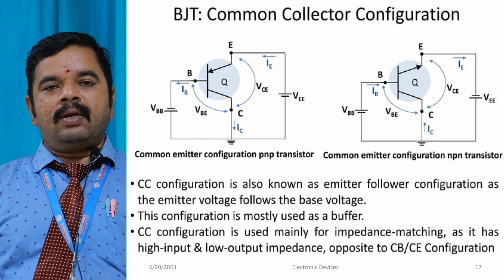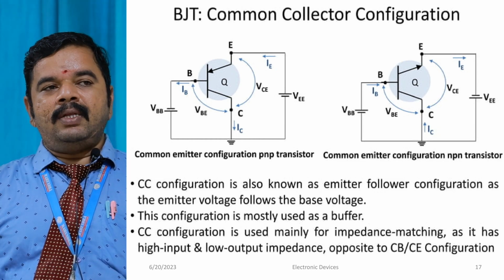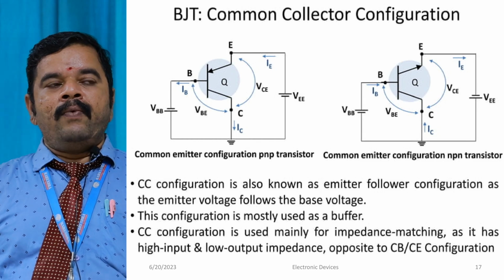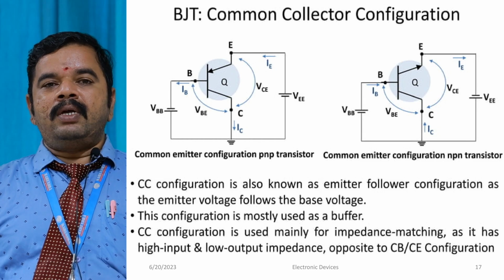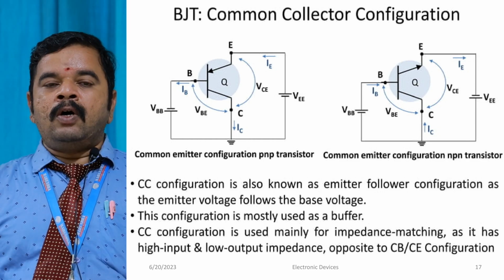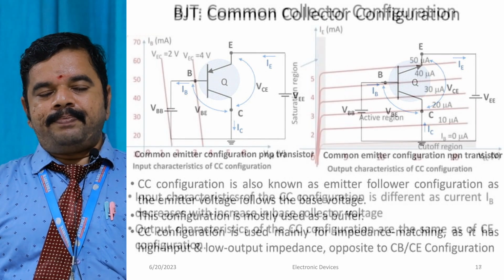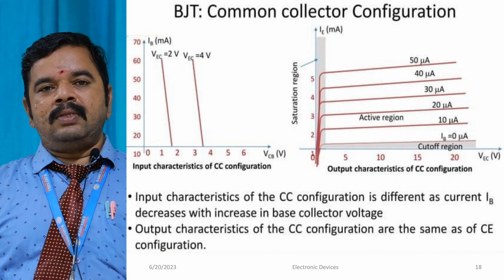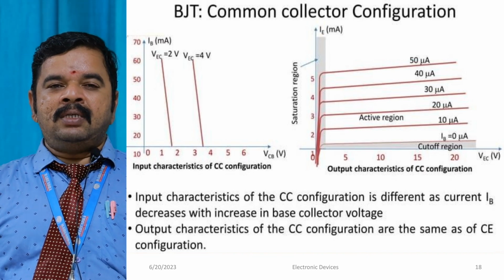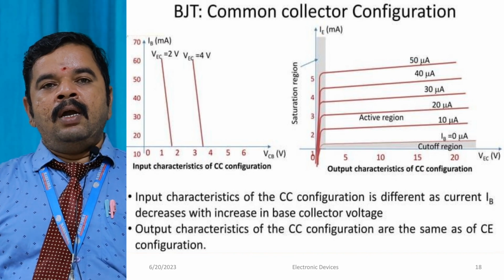In this configuration also we classify two characteristics, input and output. We plot the graph between input voltage versus input current for a constant output voltage, and for the output characteristics we plot output voltage versus output current for a constant input current. There are also three regions of operation, cutoff, linear and saturation, similar to the other configurations.